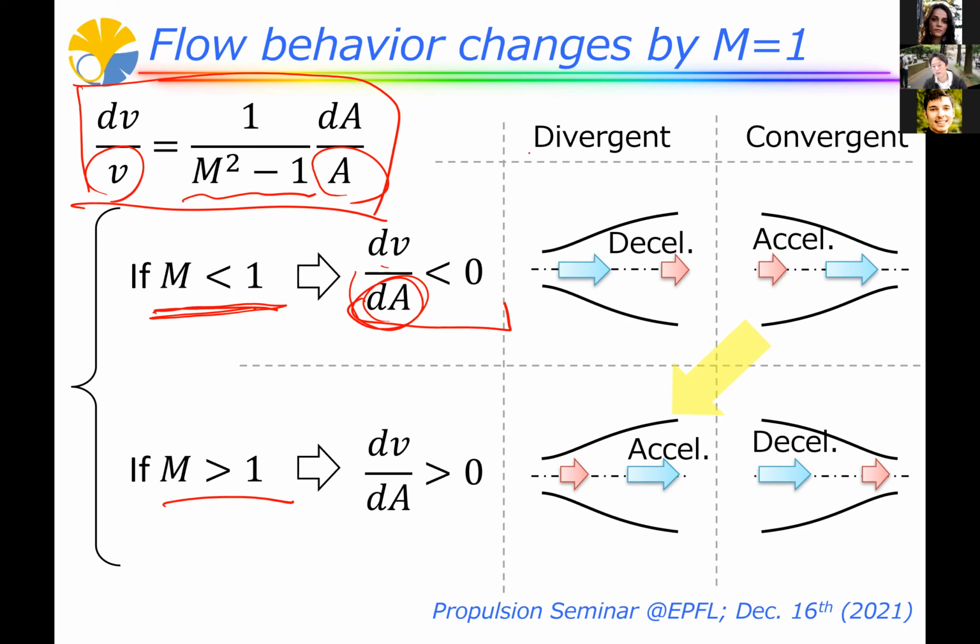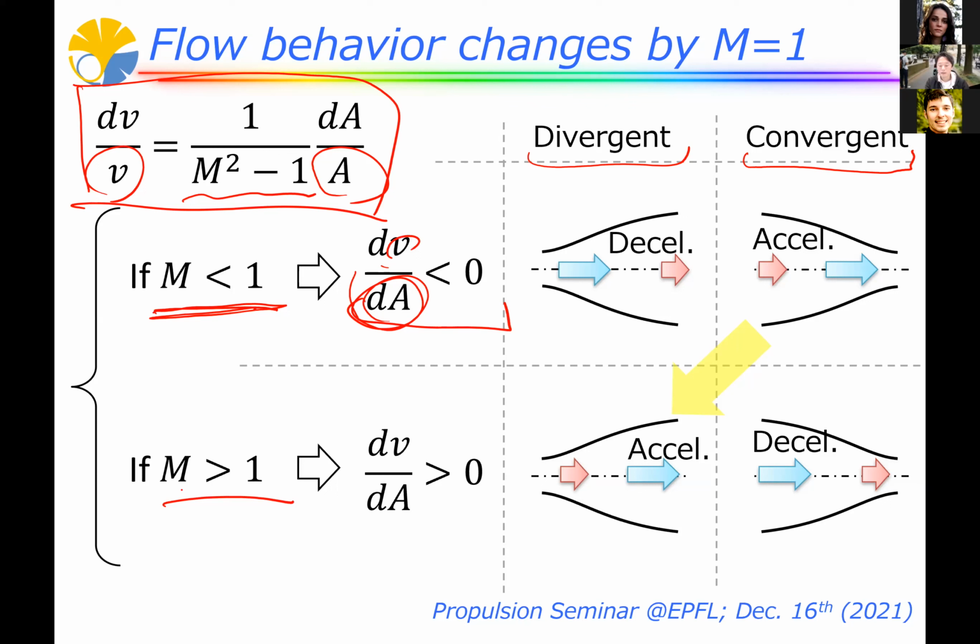So in this kind of divergent tube, flow will be decelerated. And in the case of the converging tube, this means that dA is decreasing. Then it means velocity is increasing. So by using this kind of converging tube, we can accelerate the flow. So this is a basic feature.